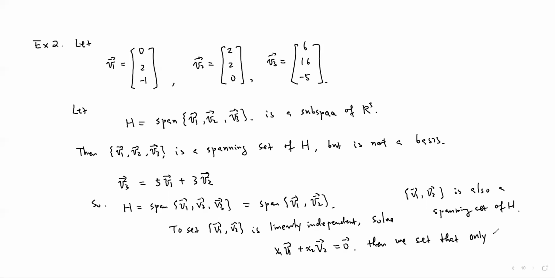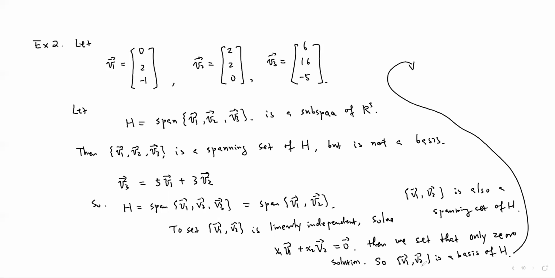When you solve this vector equation, you will see the solution is 0, 0. So therefore, V1, V2 is a linearly independent set. That means you cannot drop any vector from this spanning set. This is a smallest spanning set. So conclusion, V1, V2 is a basis of H.